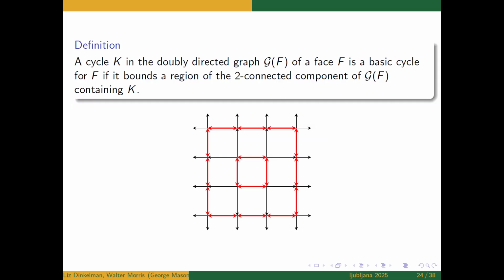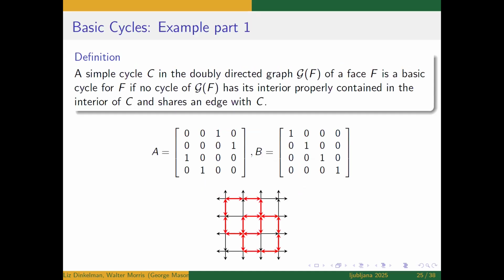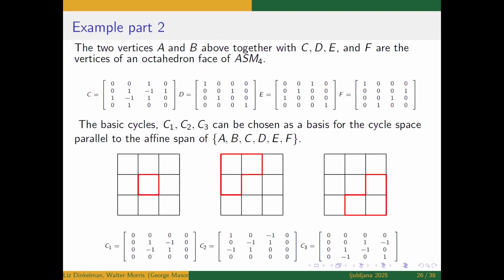So here we have an elementary flow grid with two basic cycles, each bounding a region. And if we come back to our running example, the octahedron, you see that we have three basic cycles.